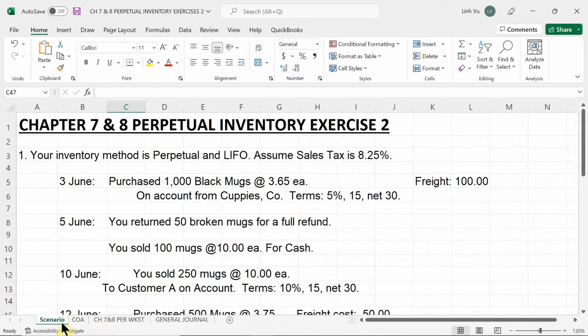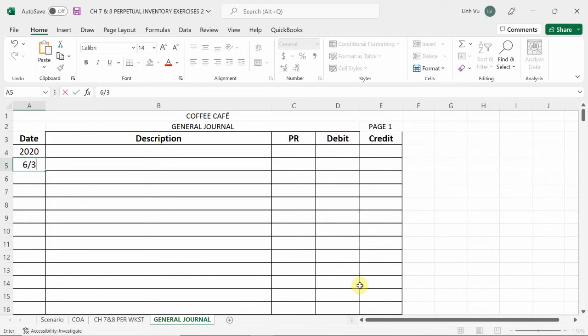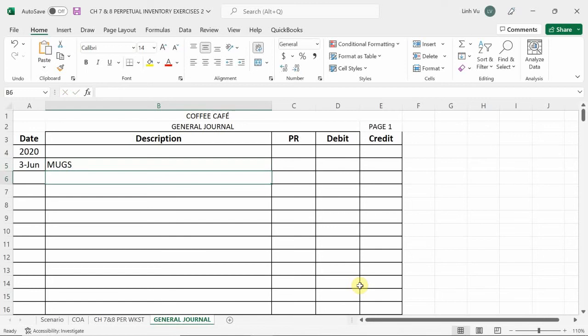Let's read the scenario over again. We bought 1,000 mugs at $3.65 each with freight of $100, on an account from Cuppies Co., 5% 15 net 30. Today is June 3rd. We purchased some mugs and placed it on an account.